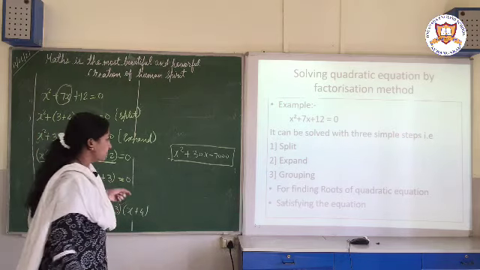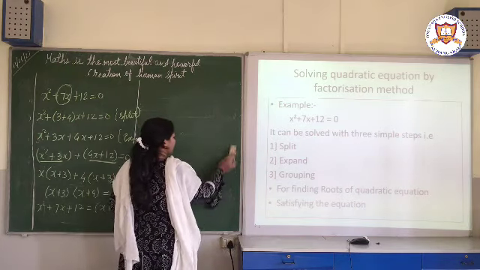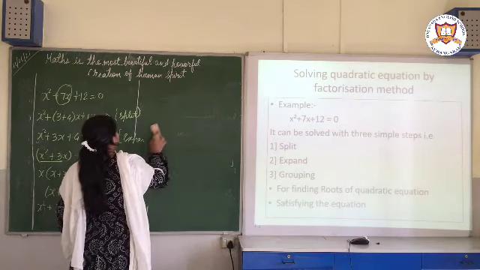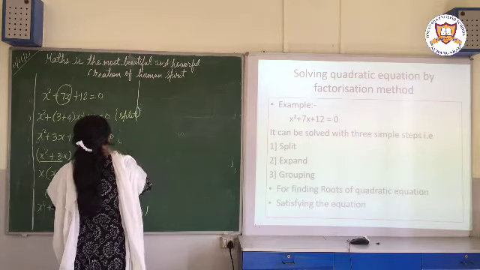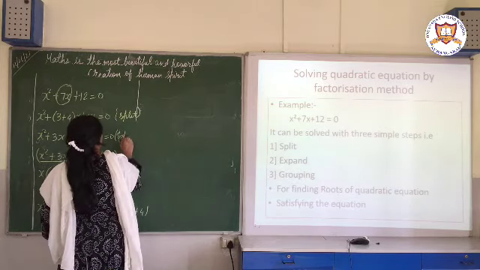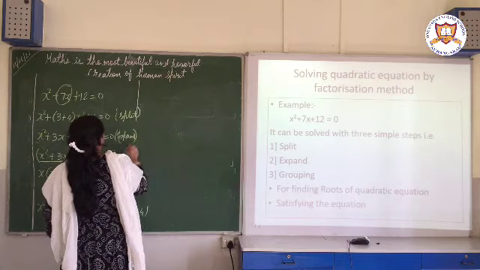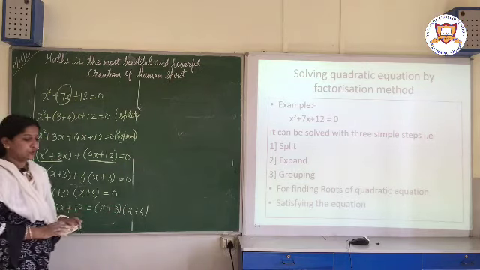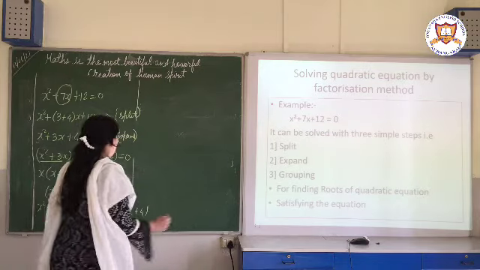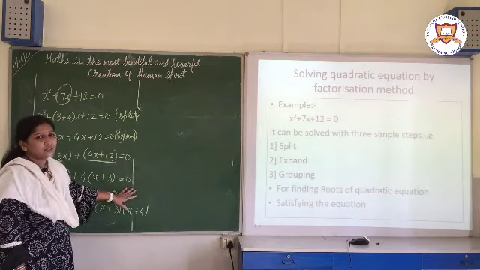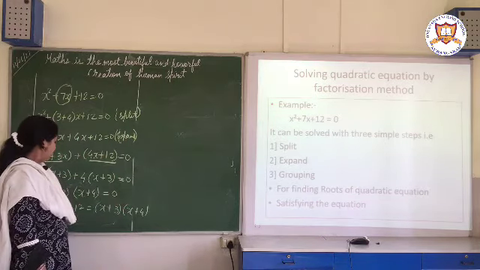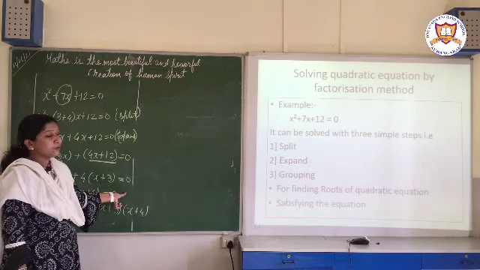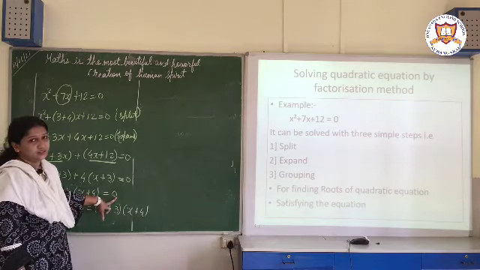Okay. Now, the next is how to find the roots of the quadratic equation. See students, on LHS these factors are there, and on RHS 0 is there.